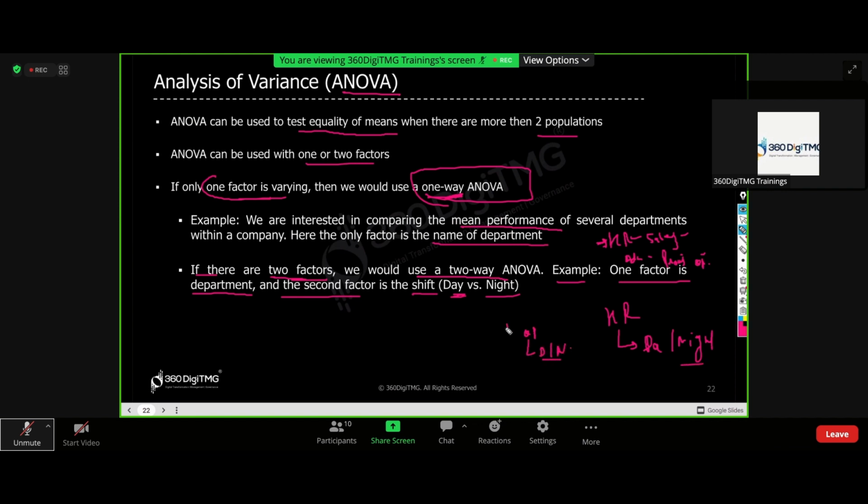So name of the department is one factor and shift is another factor. Two factors are there, so you apply two-way ANOVA. One-way ANOVA means one factor. Two-way ANOVA means when you have two factors. So ANOVA can be used with one or two factors.